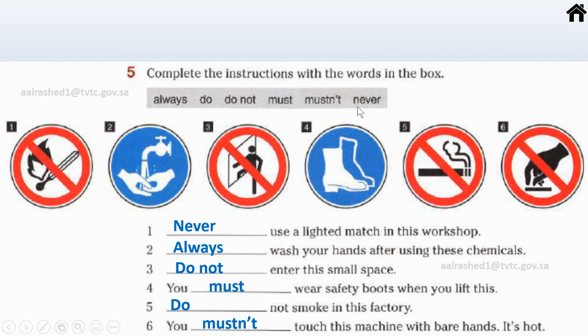All of them have the same meaning, a negative form, to not do something. And we said that if you saw you, there is only one case where you should use a word with you. If you are willing to talk about rules and warnings. When you saw you, you need to use either must or mustn't, depending on the sign you see.